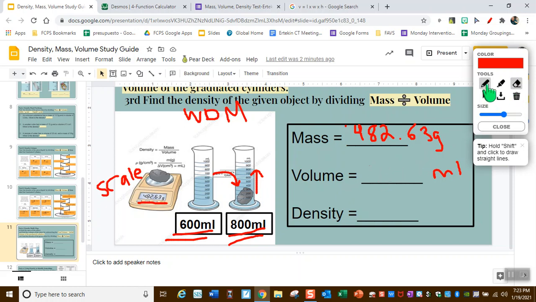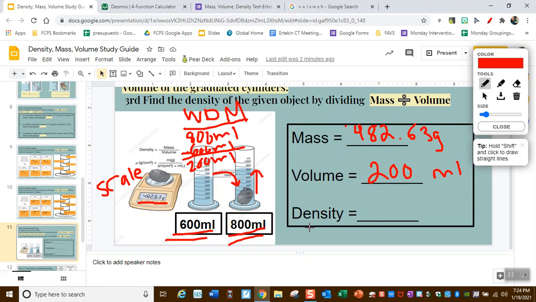You need to subtract. You do 800 milliliters minus 600 milliliters, and that gives you 200 milliliters. So the volume is 200 milliliters.